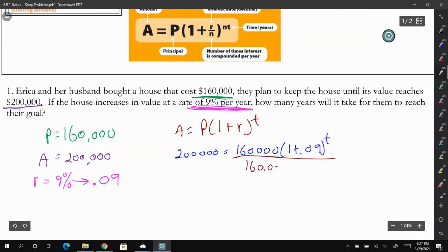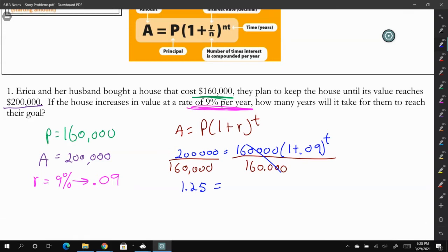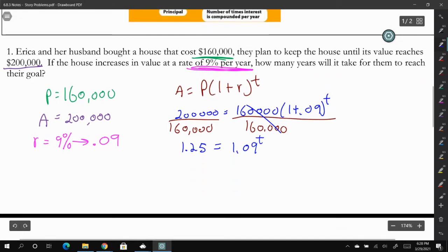So we'll divide both sides by 160,000. When we do that, 200,000 divided by 160,000 is 1.25, and that will equal 1 plus 0.09, which is 1.09, raised to the t power.